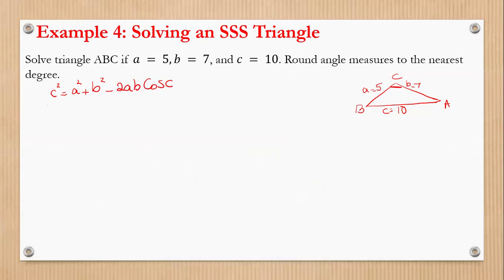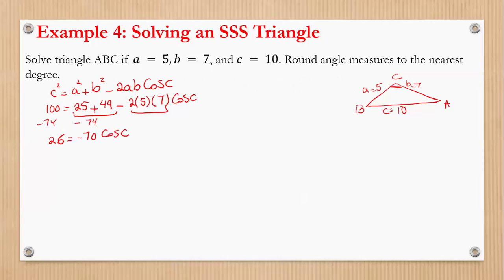C squared means 10 squared, A squared means 5 squared, which is 25, B squared means 7 squared, which is 49, minus 2 times a times b times the cosine of C. 25 plus 49 is 74, and if I subtract 74 from both sides, I get 26, and if I multiply these three, I get negative 70 times cosine of C.